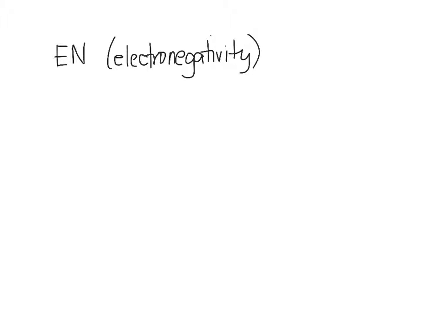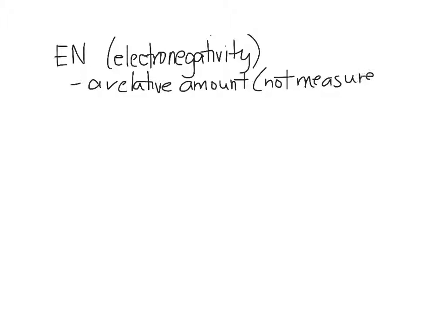Really stuck. So this is a relative amount. It's not measured. So basically, because fluorine's got the strongest pull, they assigned it a value of 4, and then everything else is lower than that based on how strong the pull is.